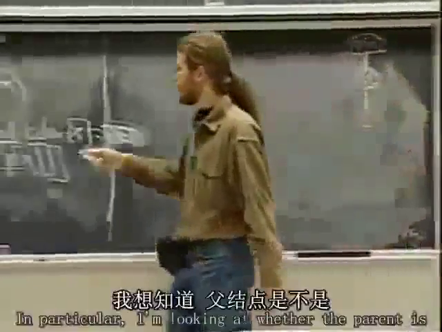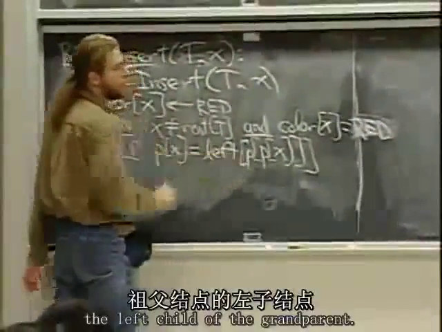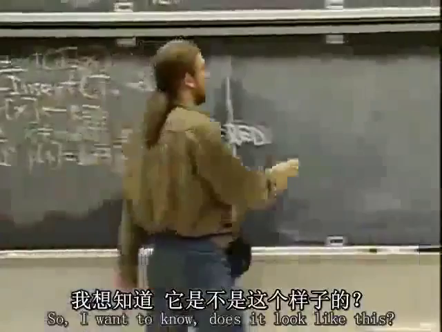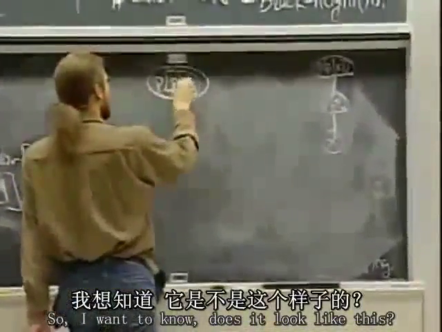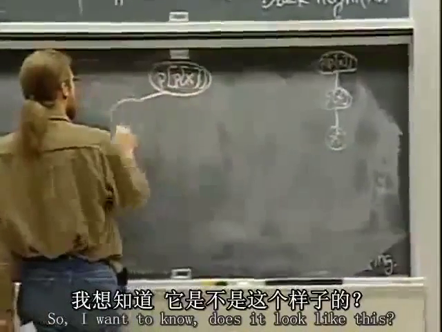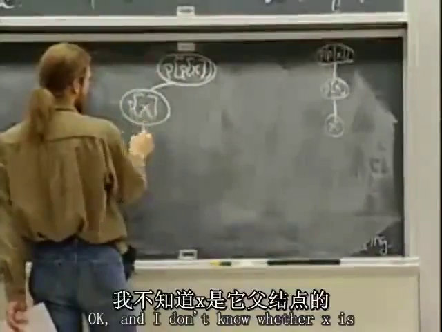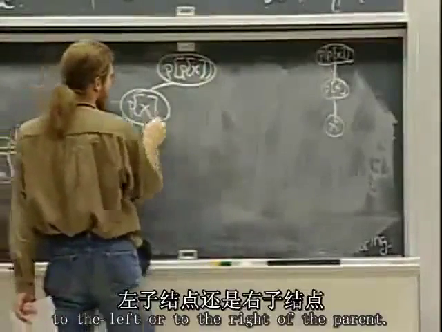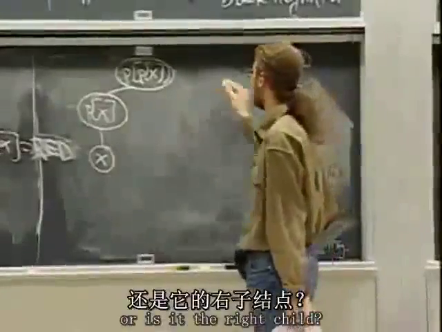In particular, I'm looking at whether the parent is the left child of the grandparent. So I want to know, does it look like this? Okay, and I don't know whether X is to the left or to the right of the parent, but is the parent of X the left child of the grandparent, or is it the right child?